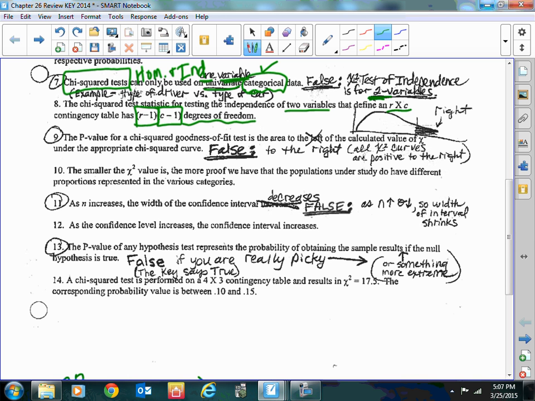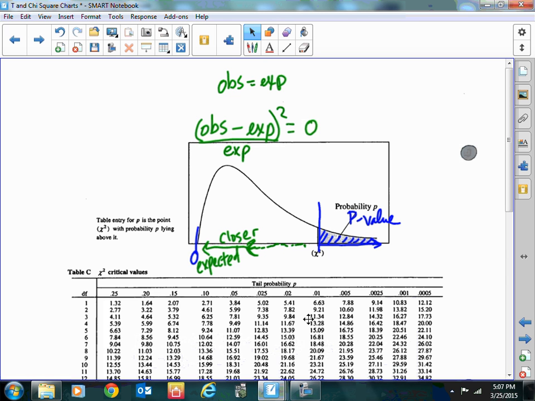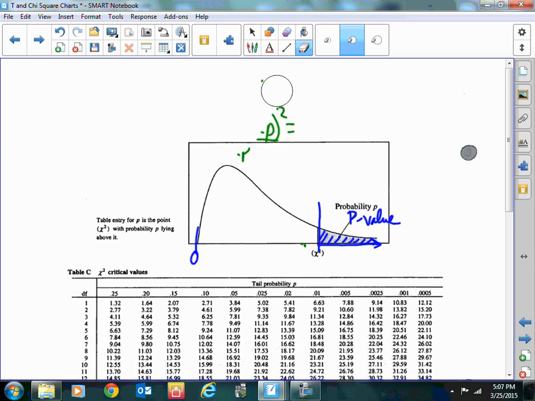Number 9, the p-value for a chi-squared goodness of fit test, and this is actually a true statement for any of the tests because they follow the chi-squared model. Is the area to the left of the calculated chi-squared under the approximate chi-squared curve. So I want to show you a bigger picture of that. When you are here at 0, then you are closer to the expected.